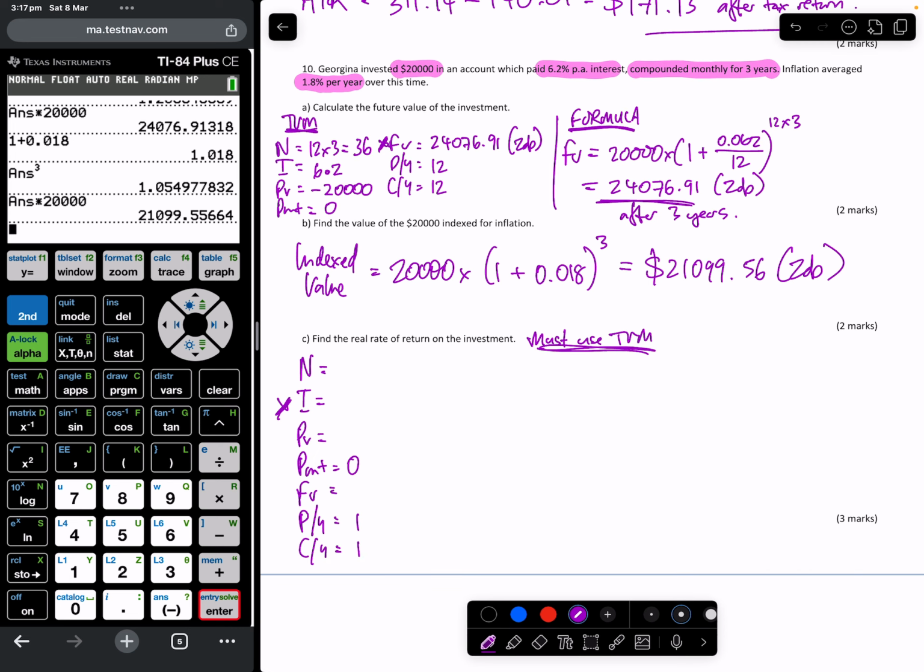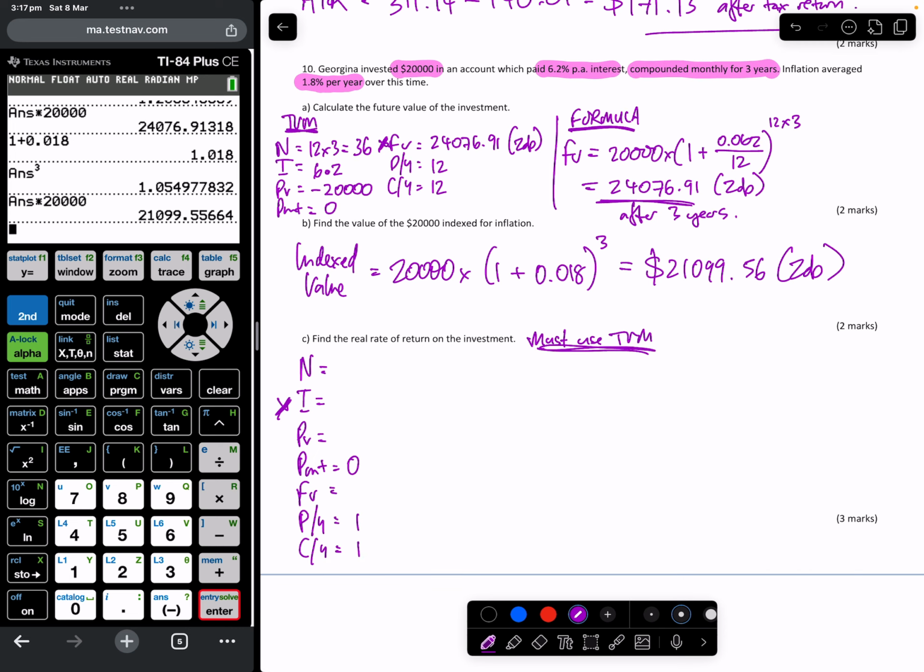So all I've got left is apps, finance, TVM solver 3. Negative 21,099.56. 24,076.91. Change these both to 1.